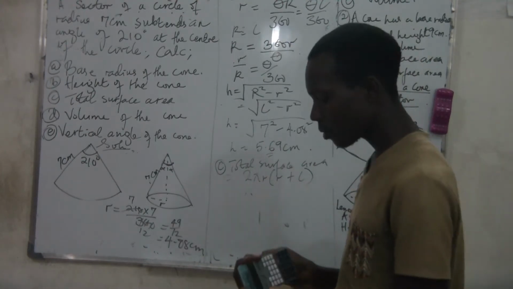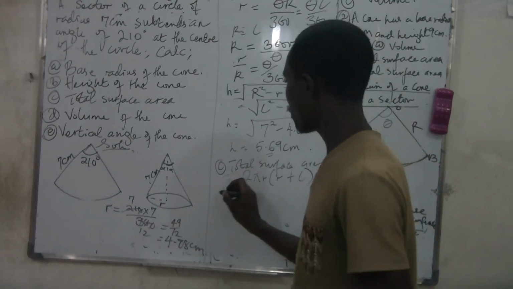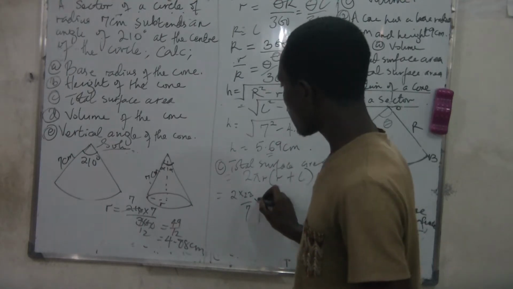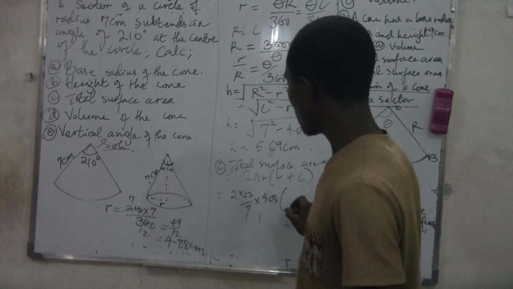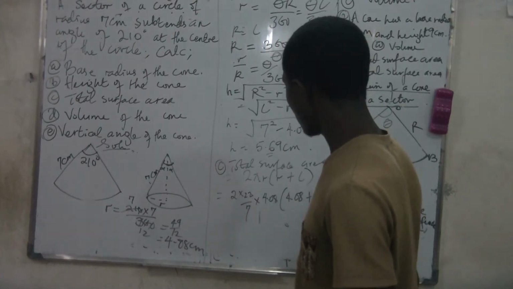by calculation, we have 22/7 times the radius 4.08 times 4.08 plus 7.